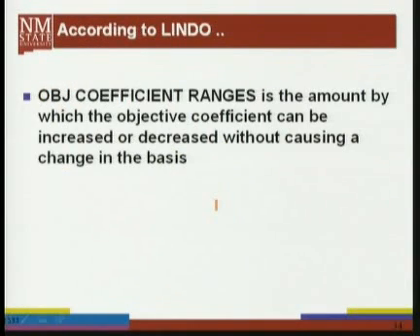Okay, and earlier today I said Lindo provides useful information for sensitivity analysis, right? Here in Lindo output, the objective coefficient ranges for each variable represent the amount by which the objective coefficient can be increased or decreased without causing a change in the current basis.